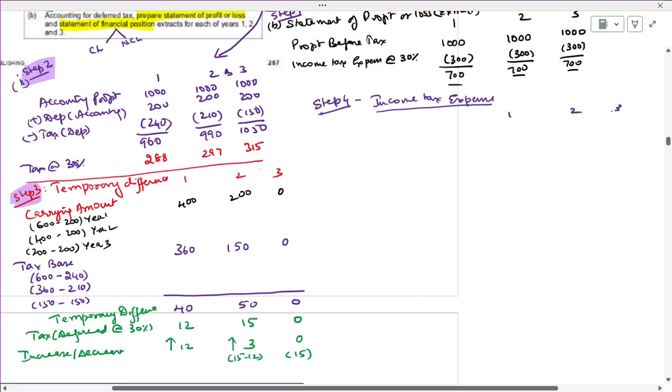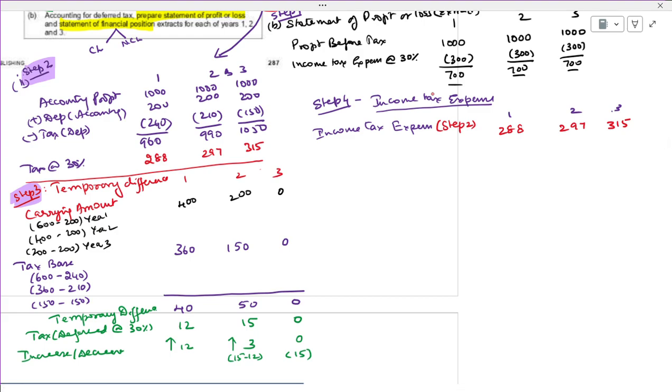Now the income tax expense as per step 2, how much? 288, 297 and 315. Okay, this is now as per deferred tax.